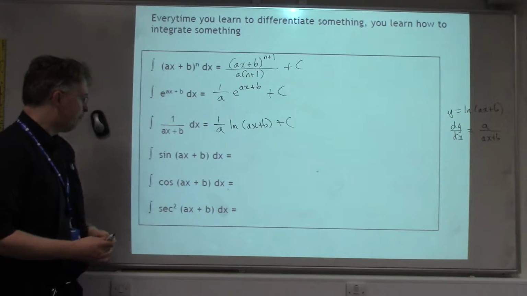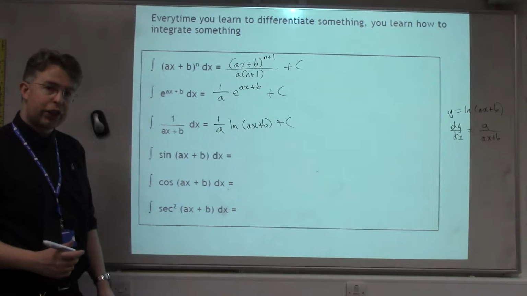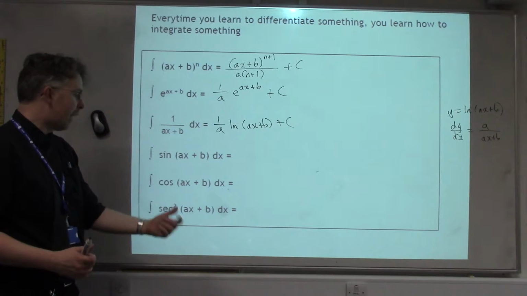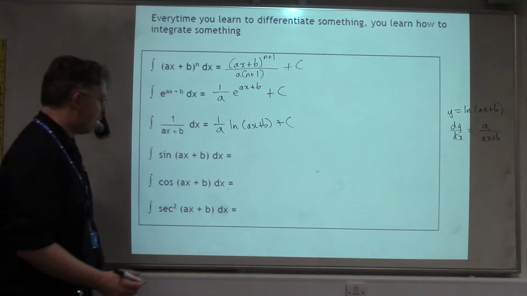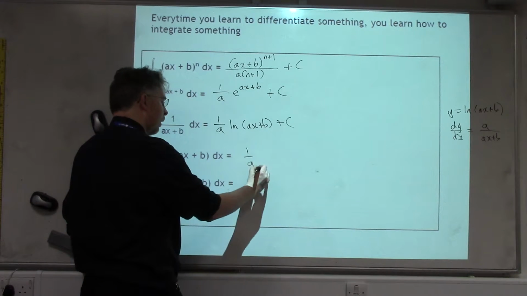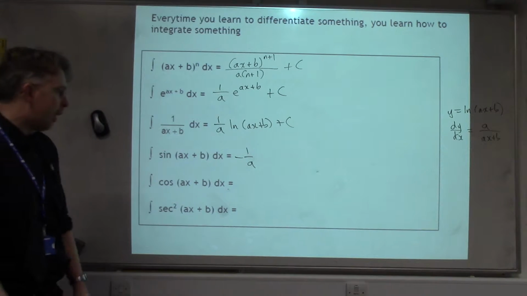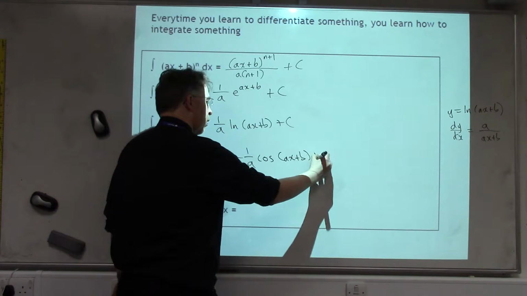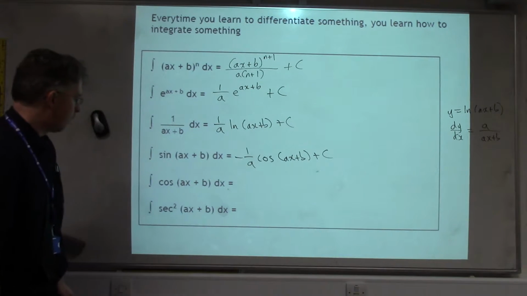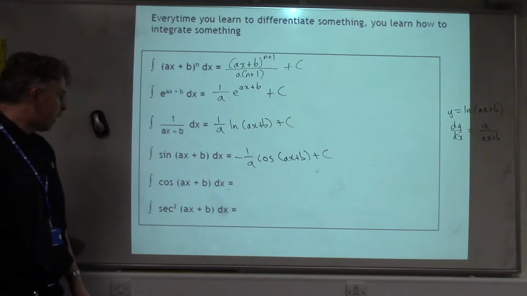Now sine, cos differentiates to minus sine, and the a would go to the front, so we're going to have to divide by a instead of times by a. We have to deal with the minus, so the minus is there. We get minus 1 over a, cos of ax plus b, plus c. Sine differentiates to cos.